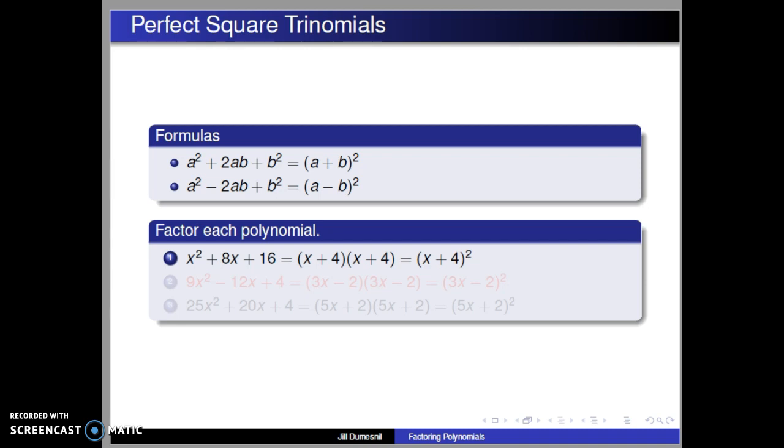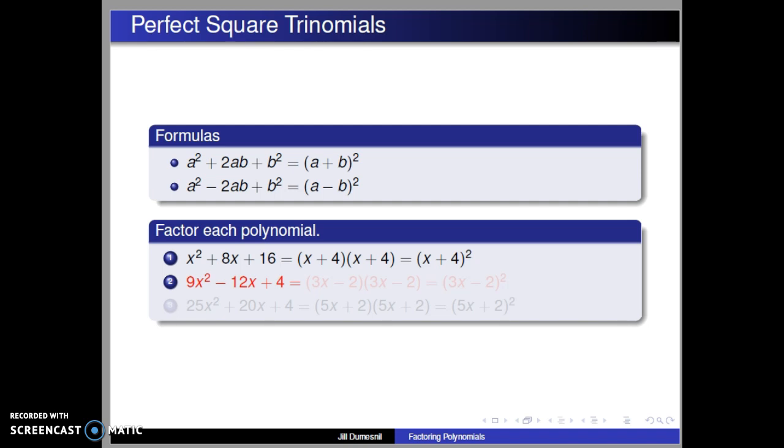Factoring the trinomial 9x squared minus 12x plus 4, we notice again that we have a perfect square in the first term and a perfect square in the third term with an even coefficient in the middle.